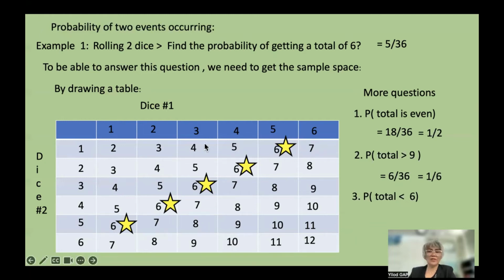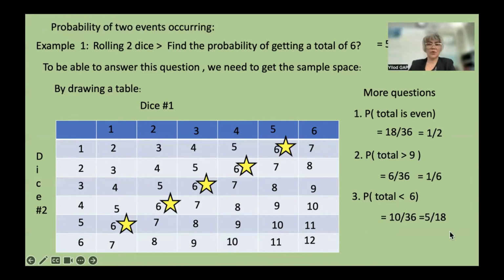So all of these are less than 6 and equal to 10 over 36, or 5 over 18. Okay? Then the last one, the probability of getting a total of 1. So checking on the sample space here, do we have a total of 1? There's none. Therefore, that is equal to 0.